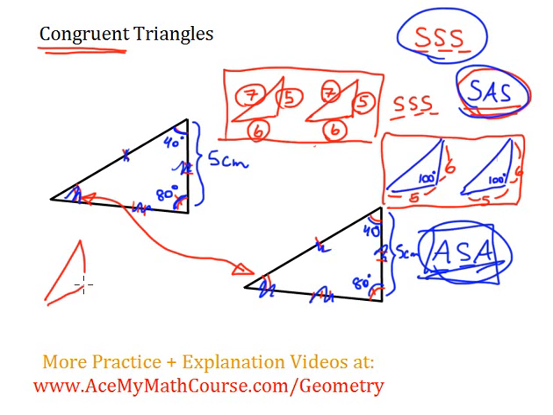For example, let's say I have these two triangles, and I have something like 7, 7, then I have 30 degrees, 30 degrees, and I have 5 centimeters and 5 centimeters. Do we know that these are congruent? Yes. Why? Through side, angle, side.